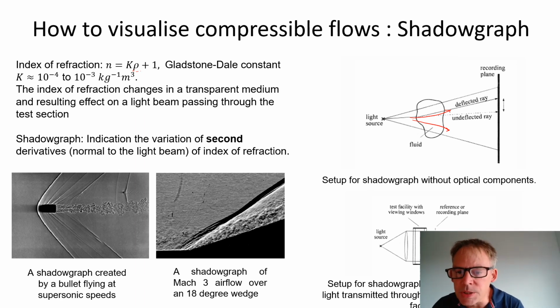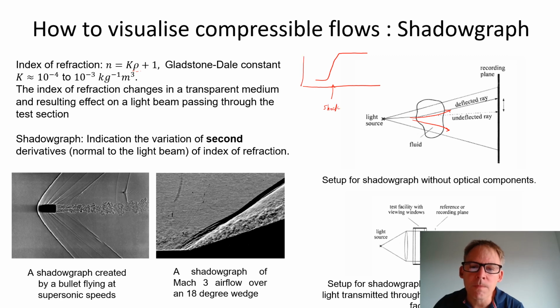And the Shadowgraph works basically with a light source that passes through the region of interest onto a recording surface, on which you have a camera or a board. And it works on the principle that where there's a change in refractive index, it's able to pick up the second derivative. So if we have a shock where the density is low and becomes high, so this would be our shock, a localized region, then our refractive index will also undergo a similar change.